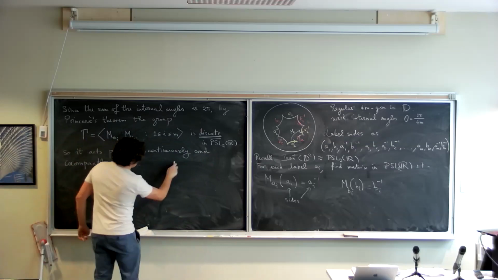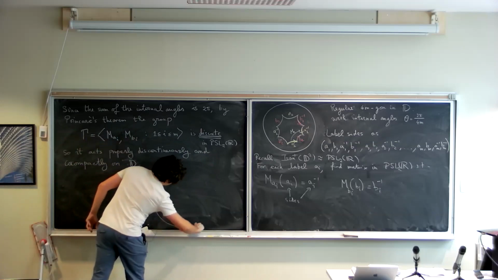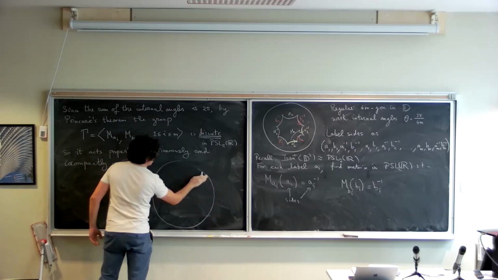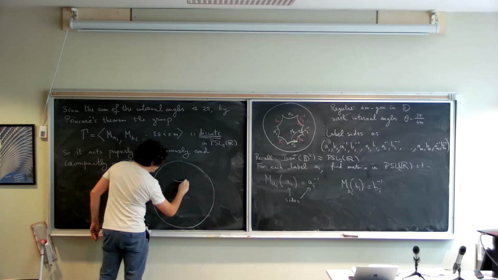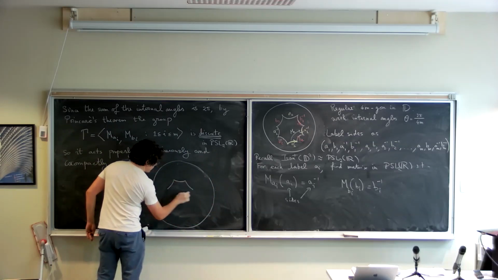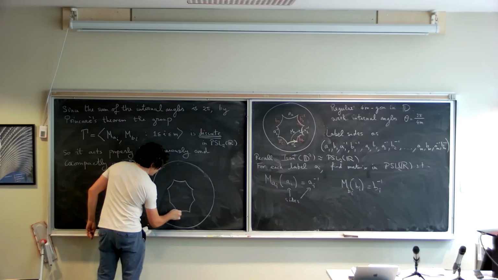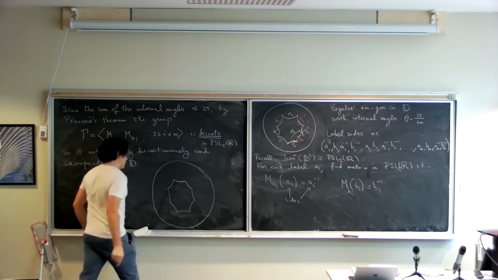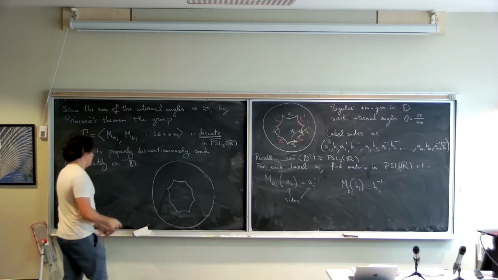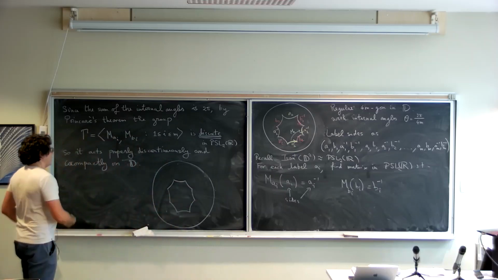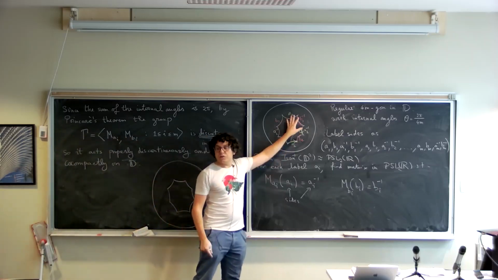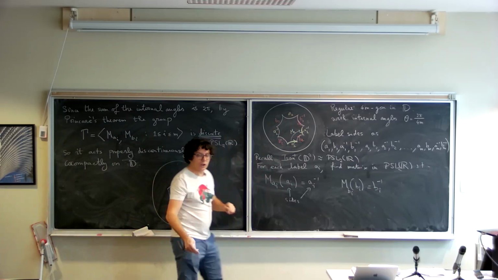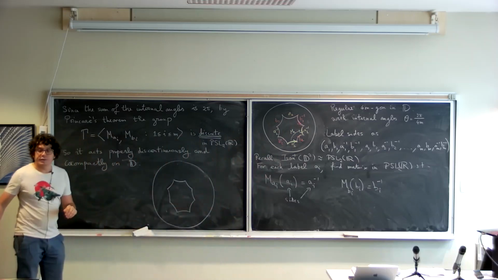So the picture is like that. You have a circle, and then you have this octagon. And if you apply those transformations, you produce other copies of the same octagon.